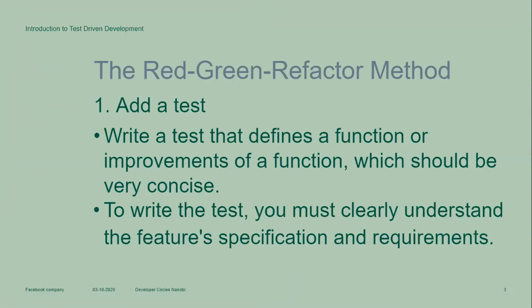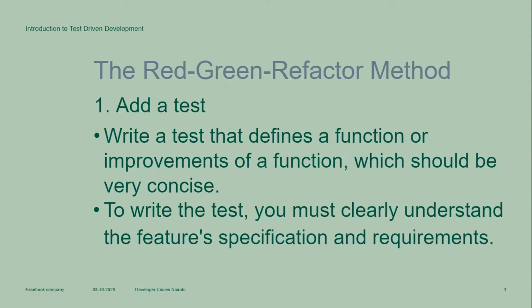Thank you. So the first step is writing a test, or adding a test, that defines a function or an improvement of a functionality that exists. The test should be very concise, very clear, and to the point. For you to write the test, you must clearly understand the feature specification and requirements.